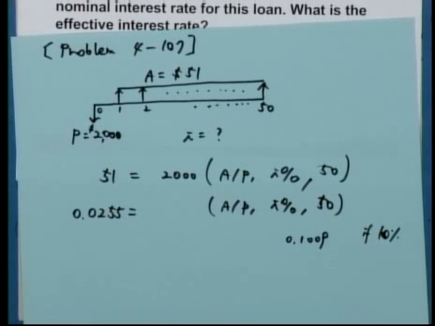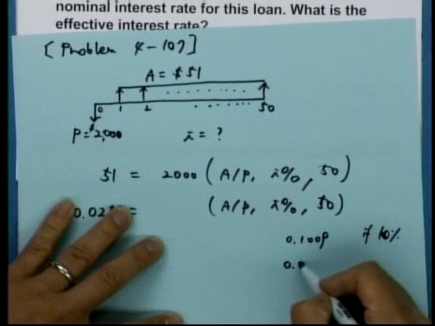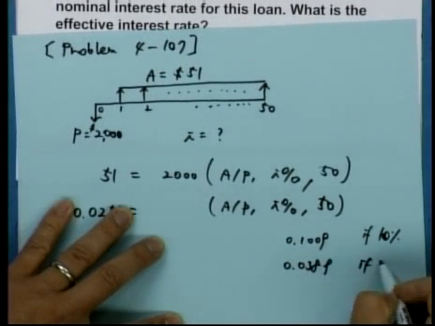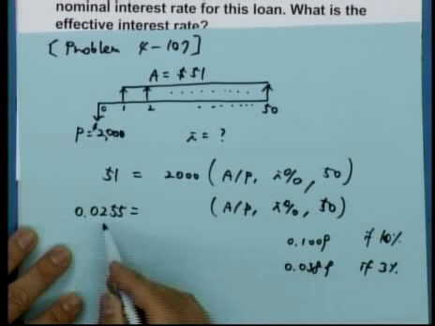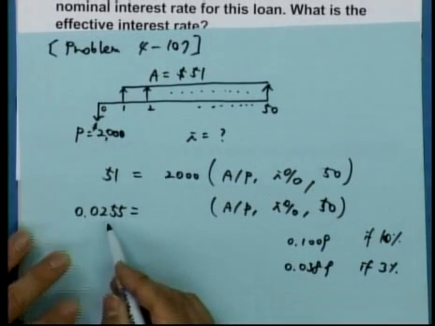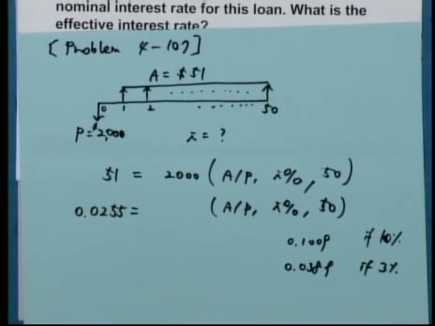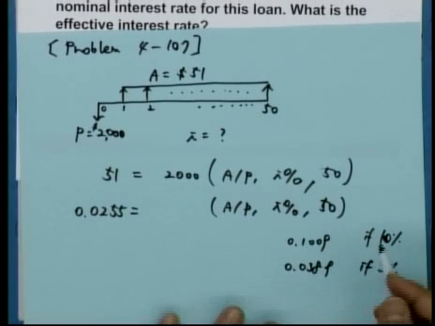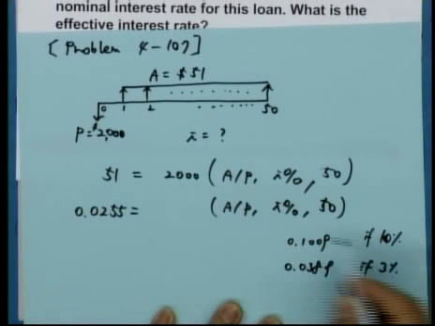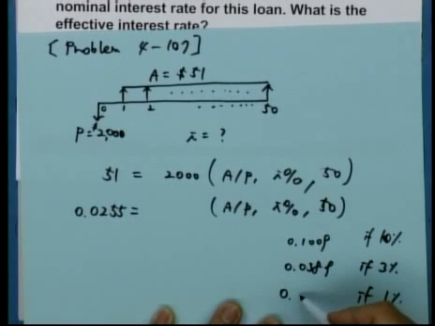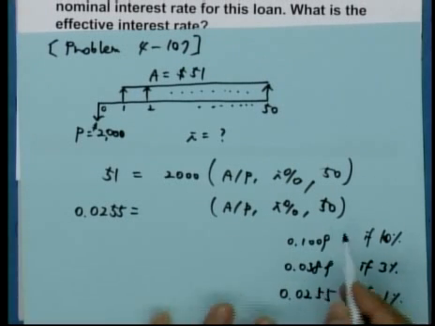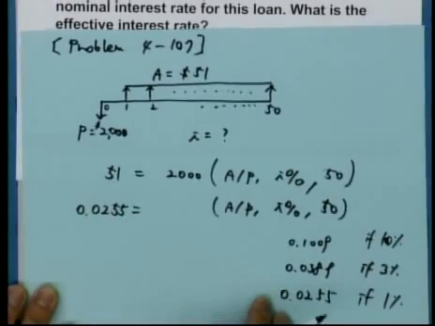A given P for 50 periods is 0.0389 if 3%. So it's still larger than this value. So let's look at 1%, A given P over 50. Oh, okay. So if it's 1%, we have 0.0255, which is exactly the same as this value.